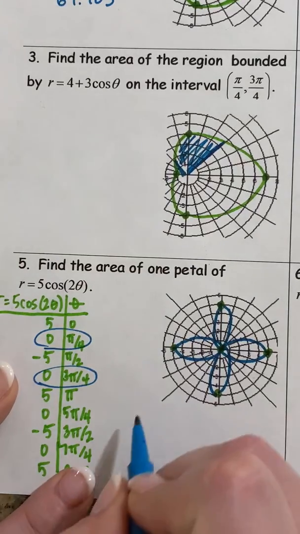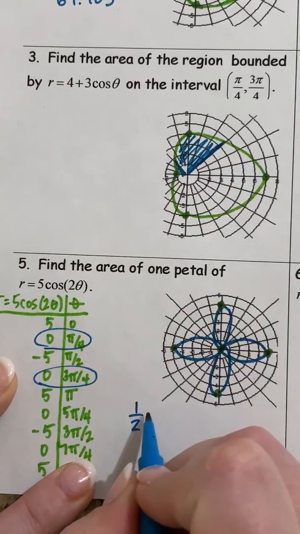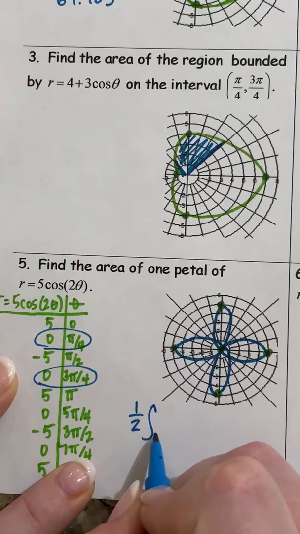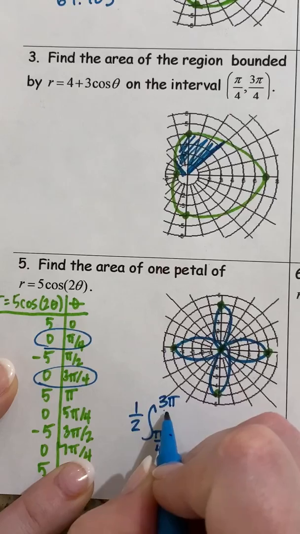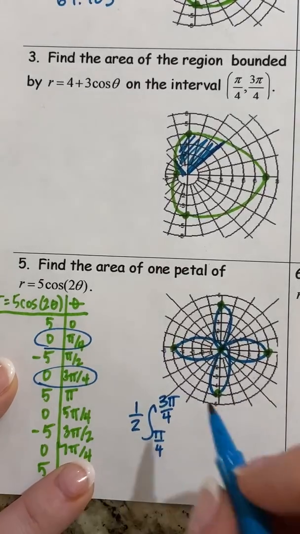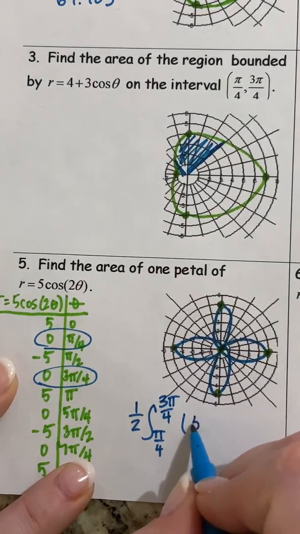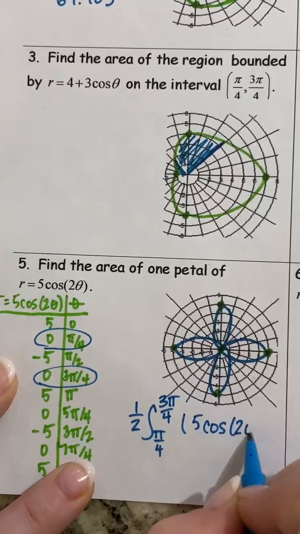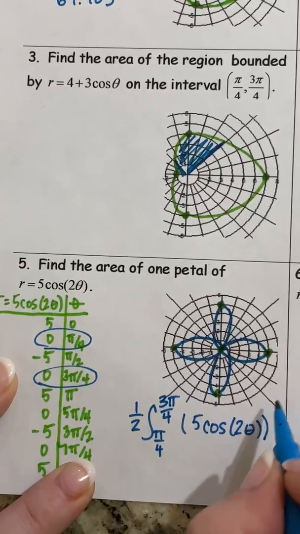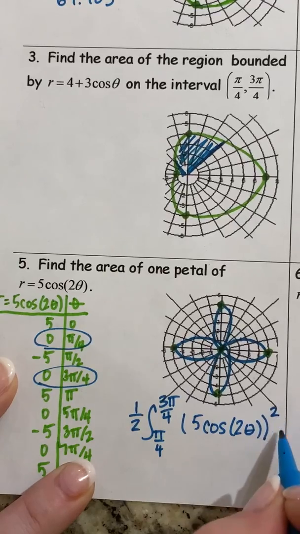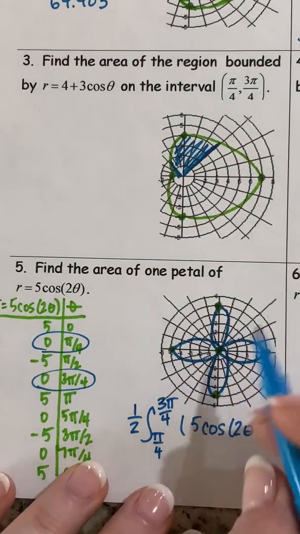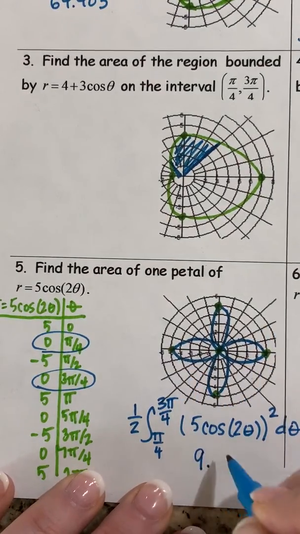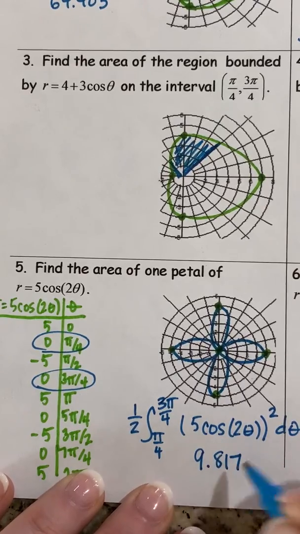But I'm going to do 1/2 the integral from pi over 4 to 3 pi over 4, and our r this time is 5 cosine of 2 theta, squared d theta. Again, plug it into your calculator and make sure you get the answer of 9.817.